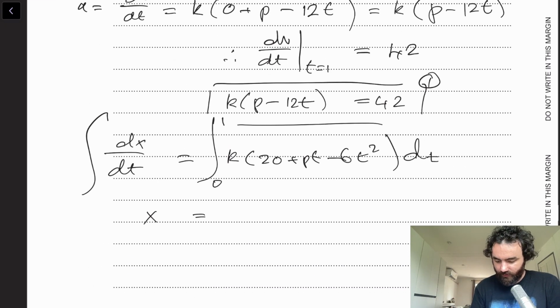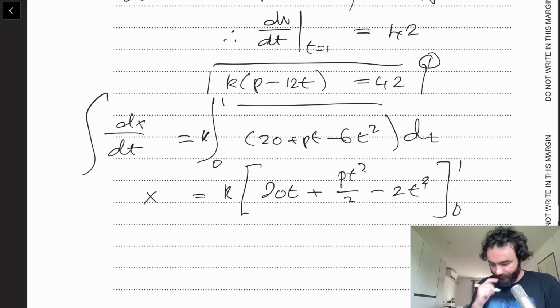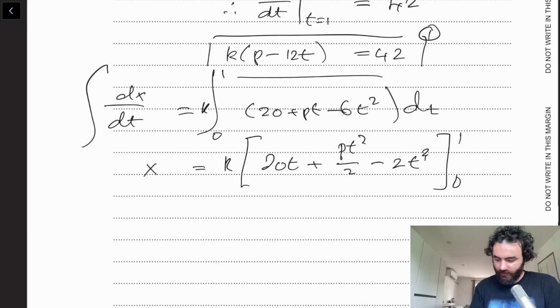We can take the k out, because it's a constant, and we get 20t plus pt squared over 2 minus 6t cubed over 3, between 1 and 0. That is just 2t cubed. Okay, so we just plug those things in.